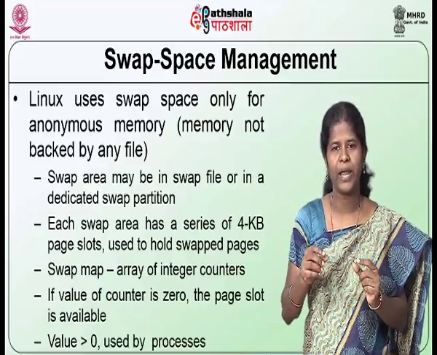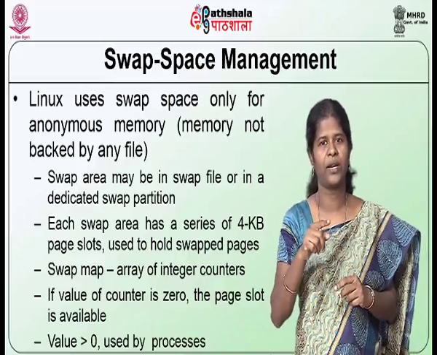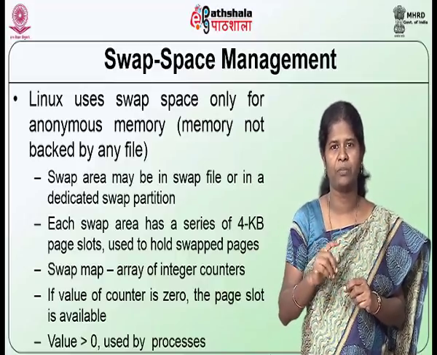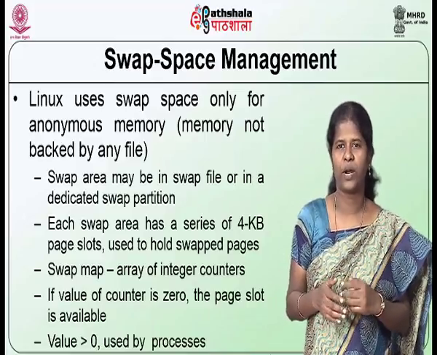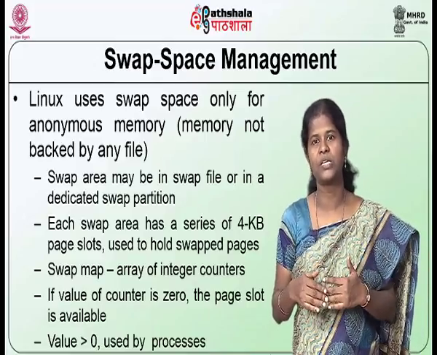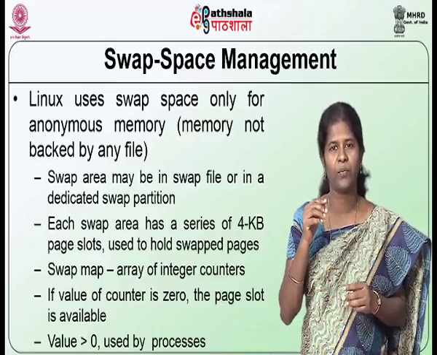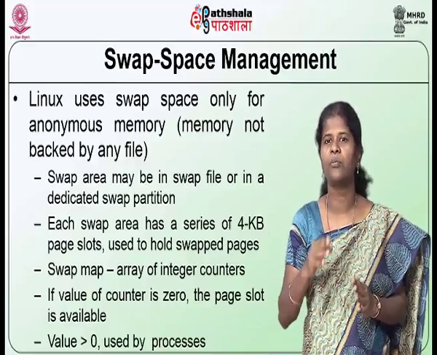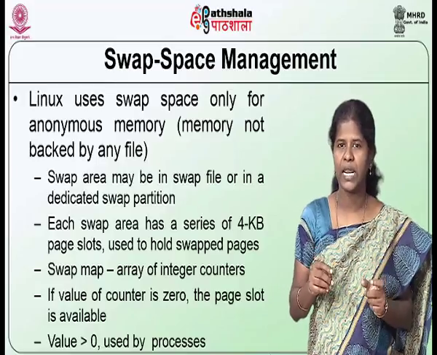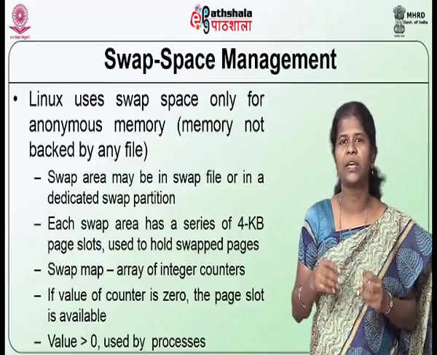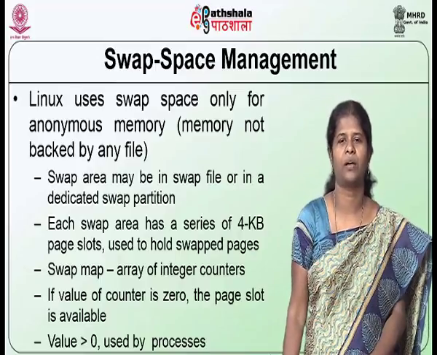If a particular page slot is available, free and not being used, then the corresponding entry in the swap map will be 0, and if it is allocated, then it will be incremented to 1. If more than one process is using that particular page, then the swap map will increment it according to the number of processes using that page slot. So, if the entry is 3 in the swap map, it means that 3 processes are using that particular page which is kept in the swap space.